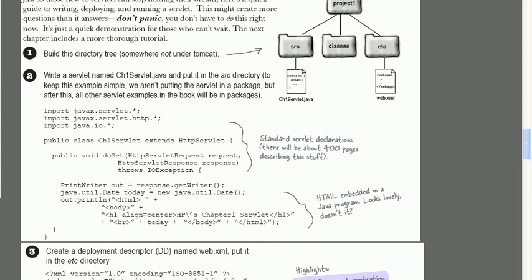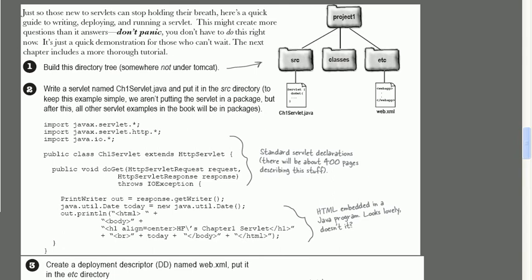Let's take a look at how servlets are created. You could organize your project directory in such a way that you have source classes and some other files to be put in the directory. So you could group all your source code into the src directory and compile it to the classes directory.